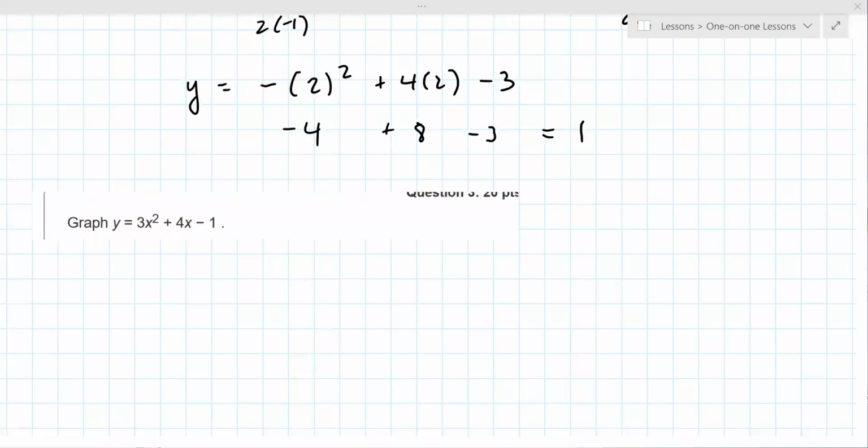Okay, so what I want you to do here is find the x coordinate of the vertex.